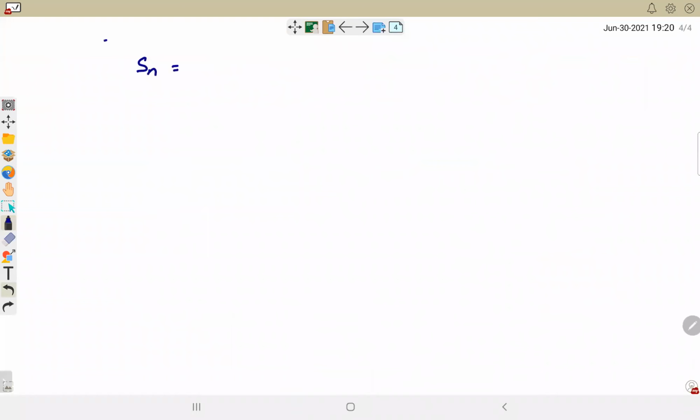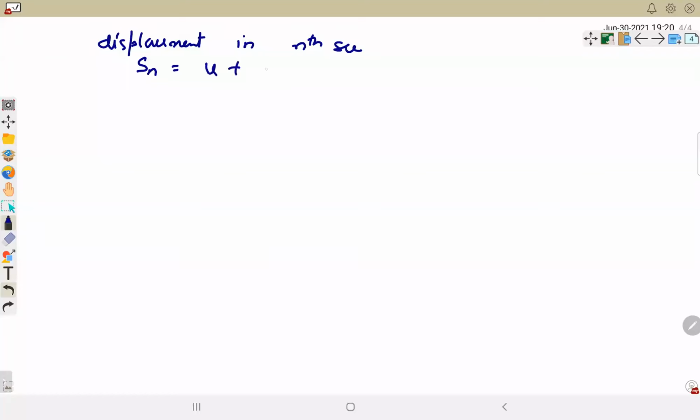Displacement covered in the nth second, the formula was, previous slide, one second beta. Displacement in the nth second, the formula was u plus a by 2 times 2n minus 1.